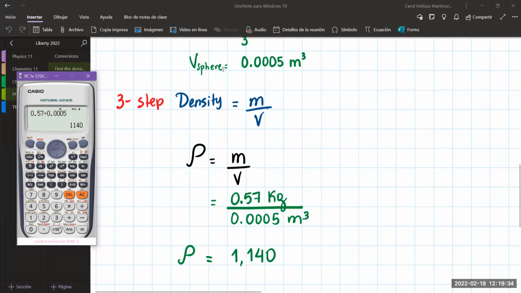And the units that we have to write are kilograms on top and cubic meters below. Now this is our final answer, so I'm going to put it in a box.